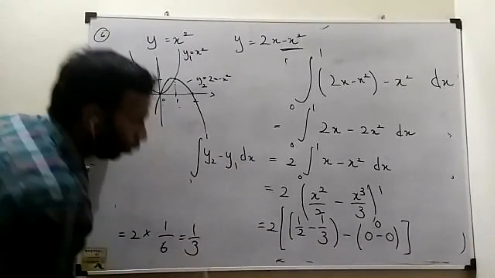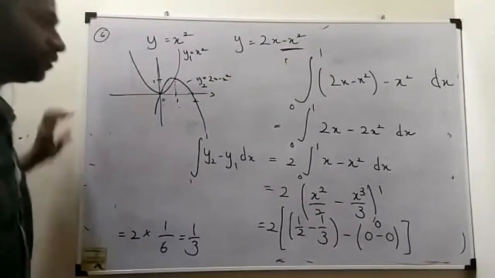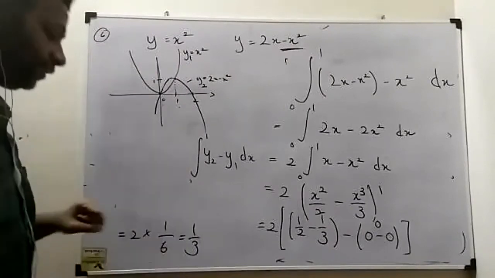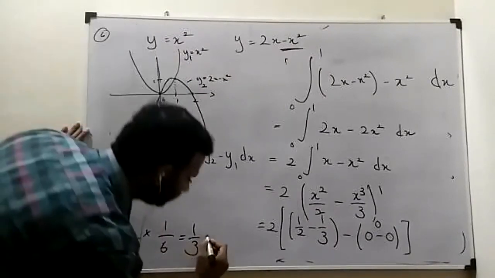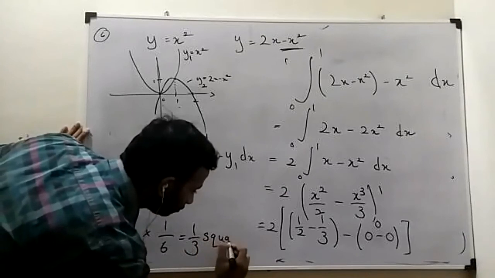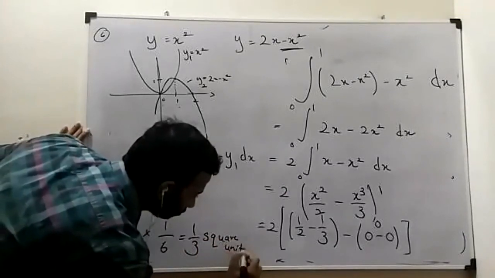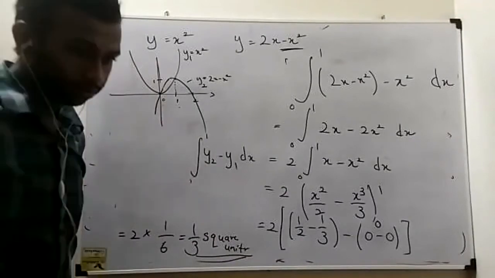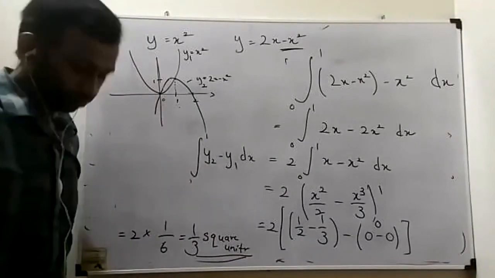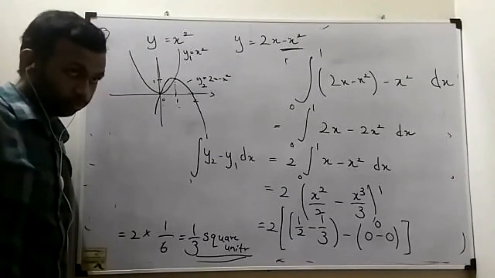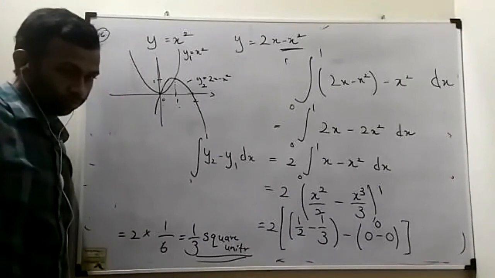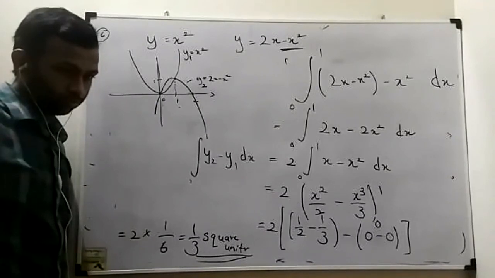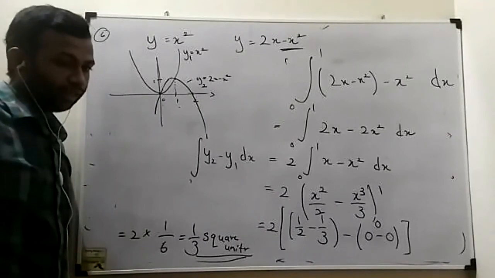Now what did we find? It is the area enclosed by these two curves, so we need to write square units. Do you understand? Is it clear? So we had to find the area enclosed by two curves.